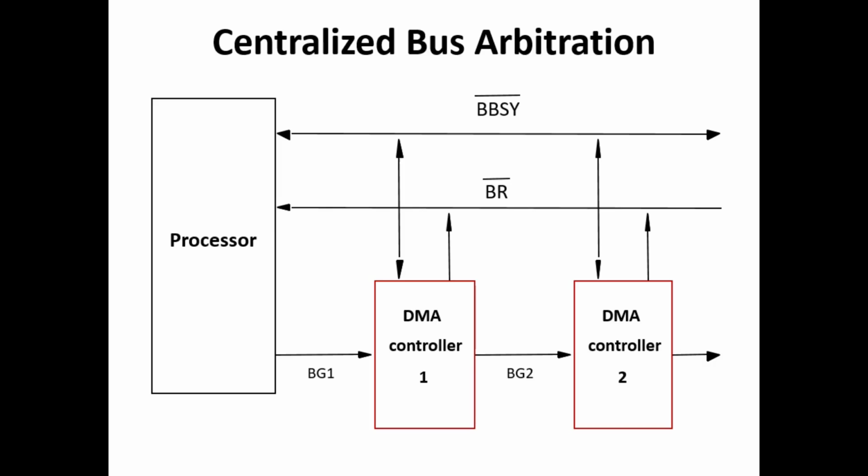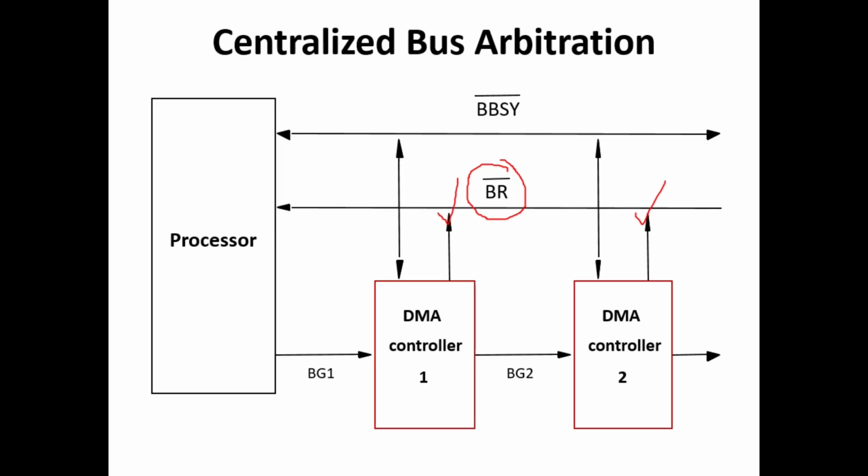Now when multiple DMA controllers, or the processor and one particular DMA controller, compete for the bus. For example, here there are two DMA controllers, that means two input output devices which require the bus. So they use the bus request line. DMA controller 1 and DMA controller 2 both use the bus request line to request for DMA, that means to request for accessing the data bus.